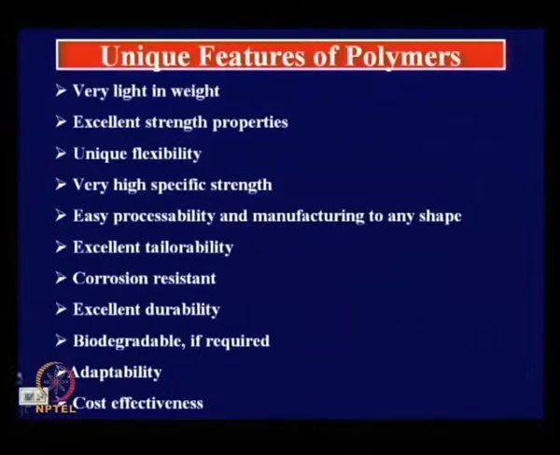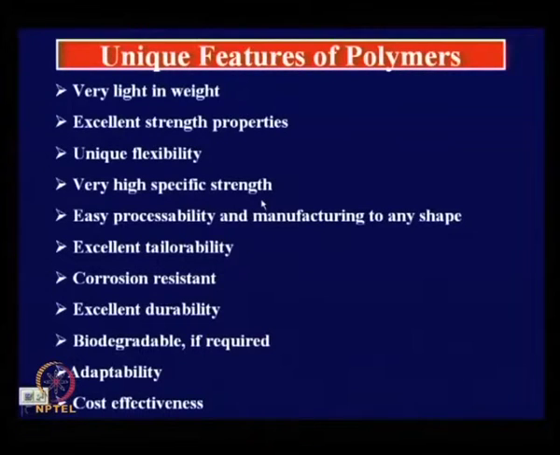Whereas, if this composite is light as well as it can withstand very high impact, it will not break in that fashion. So, that passenger inside the vehicle will remain safe even if the accident is very severe. So, these are the advantages. Very high specific strength, this property we should not forget.